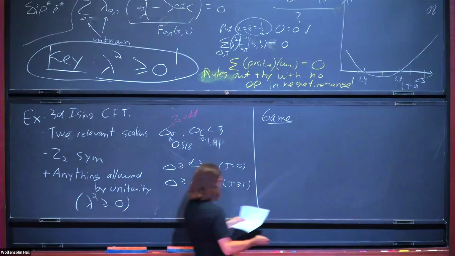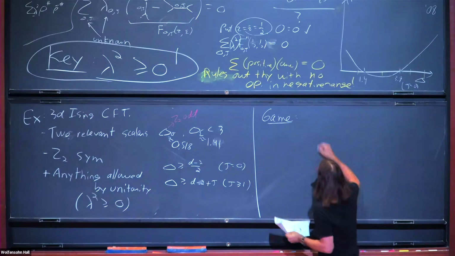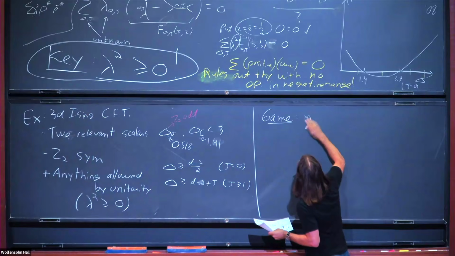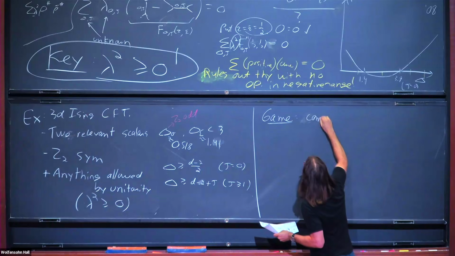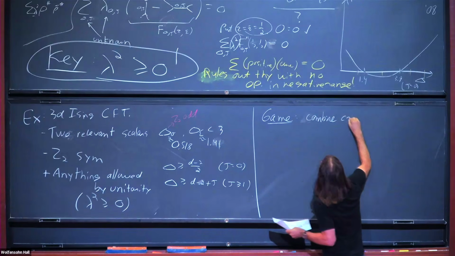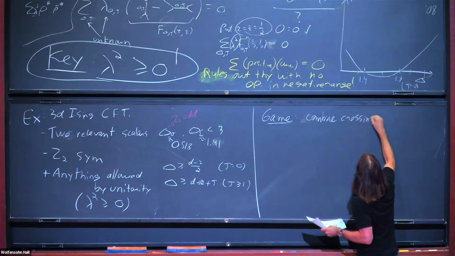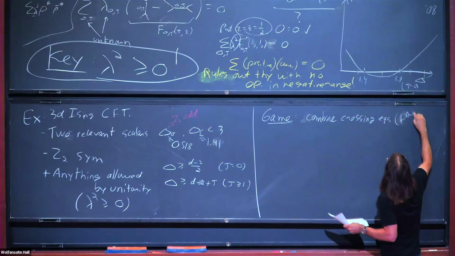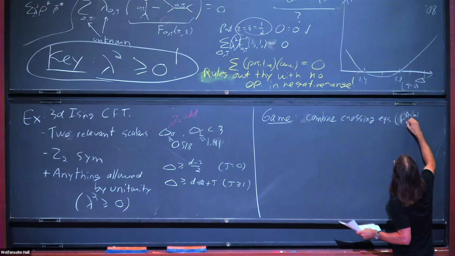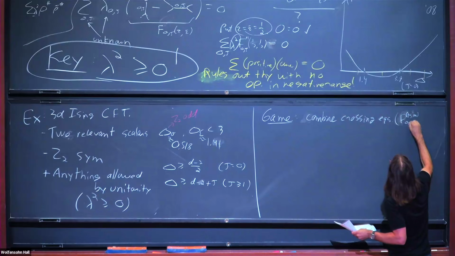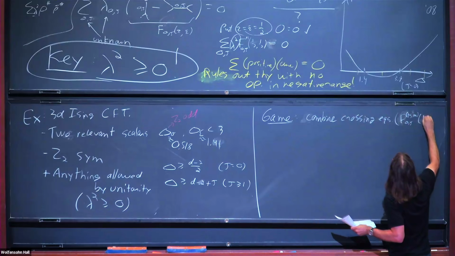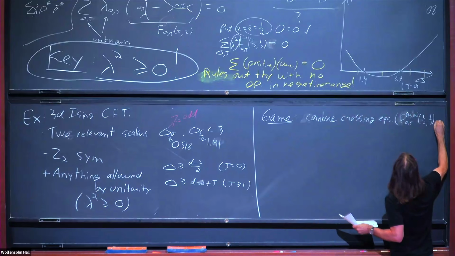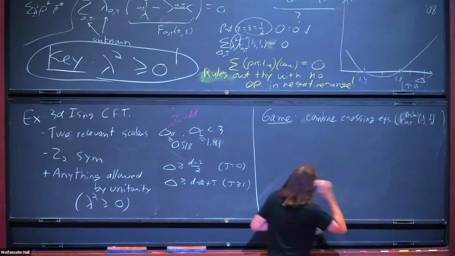So you make a list of crossing equations, for example, the nth derivative and the mth derivative around one half. That's a simple choice, and it turns out to be a good one for numerics.